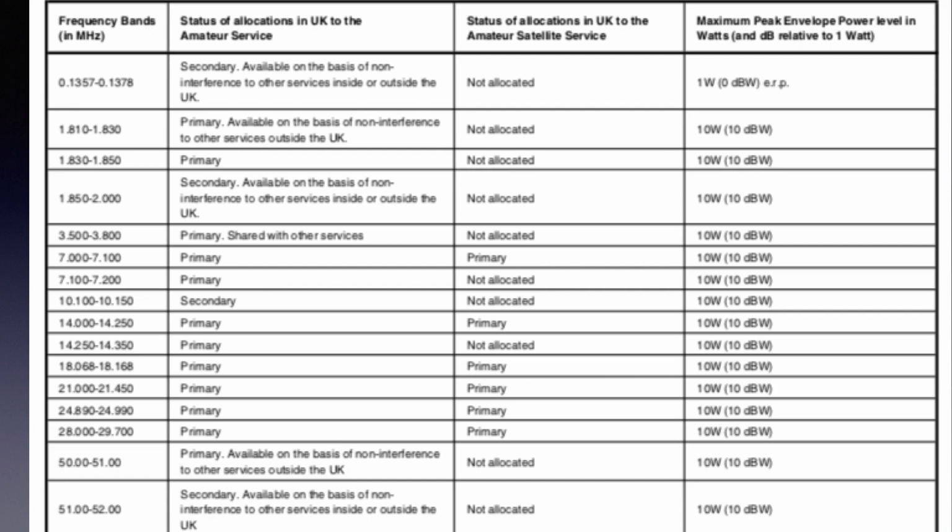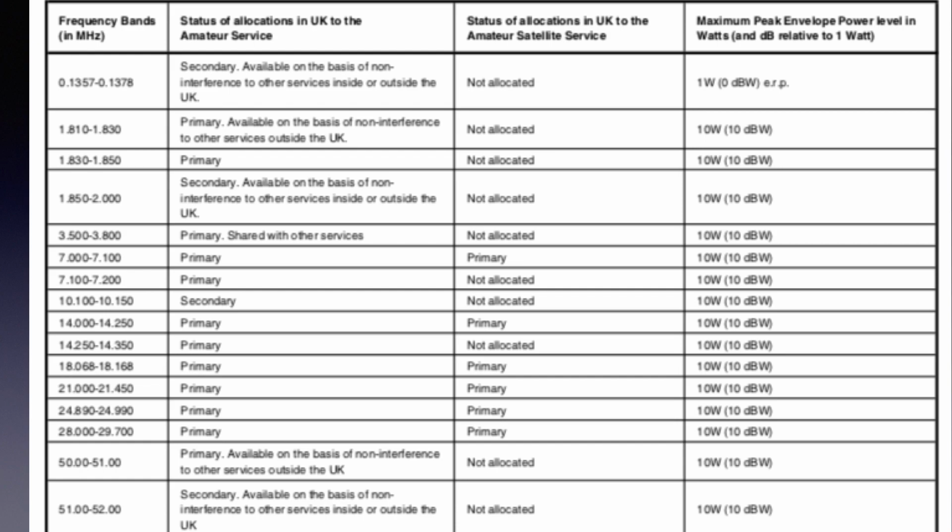Well, here we have one table here, which has got 4 columns, which is showing for the foundation license holder what frequency bands he's allowed to use, the status of those bands in the UK, the status of those bands as applied to the amateur satellite service, and the maximum peak envelope power level in watts, and also in brackets dB relative to 1 watt.